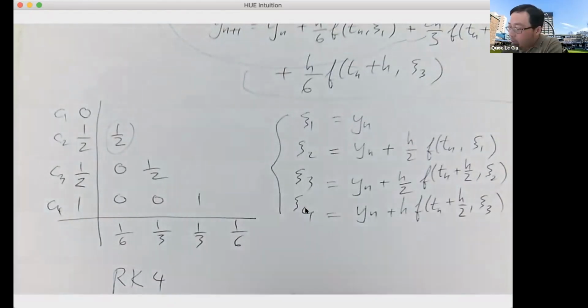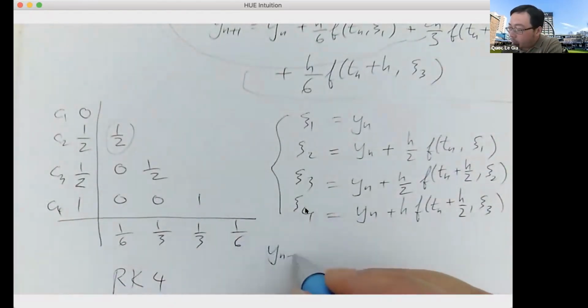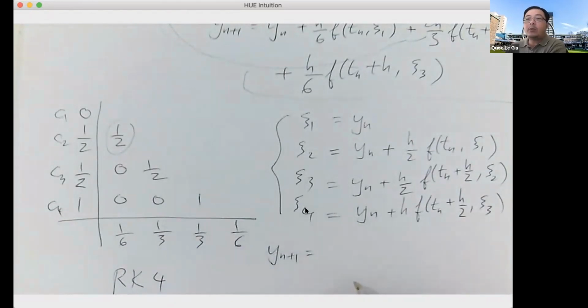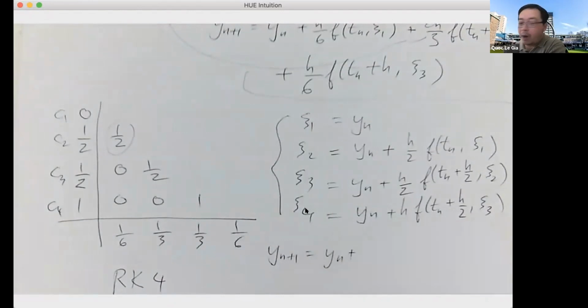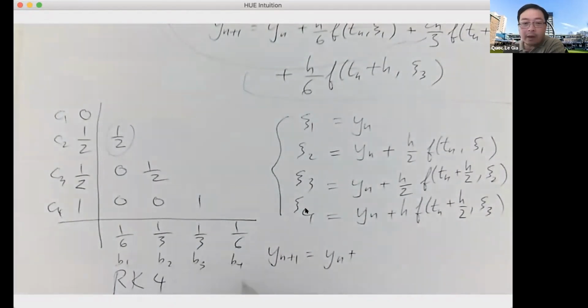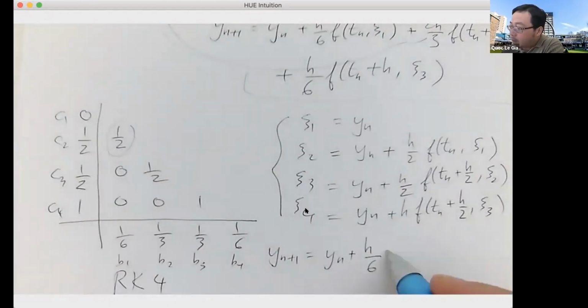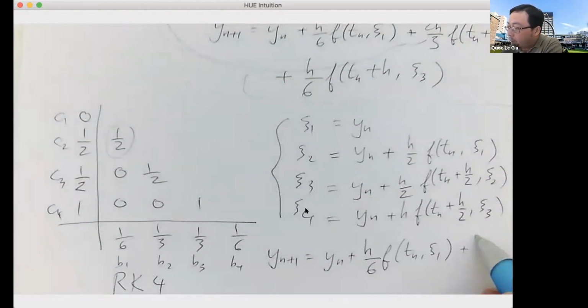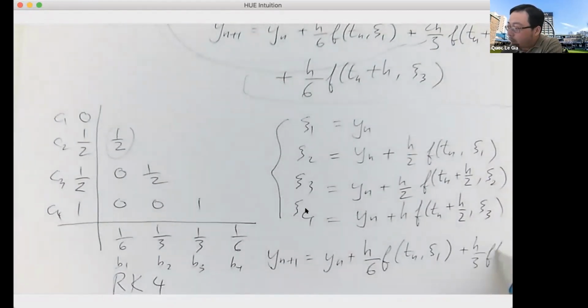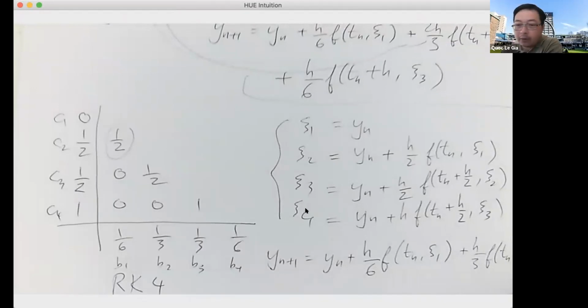And now you just put in yn plus 1. So yn plus 1 is yn plus b1. So this is my b1, b2, b3, b4. So h over 6 f of Tn xi1 plus h over 3 f of Tn xi2.